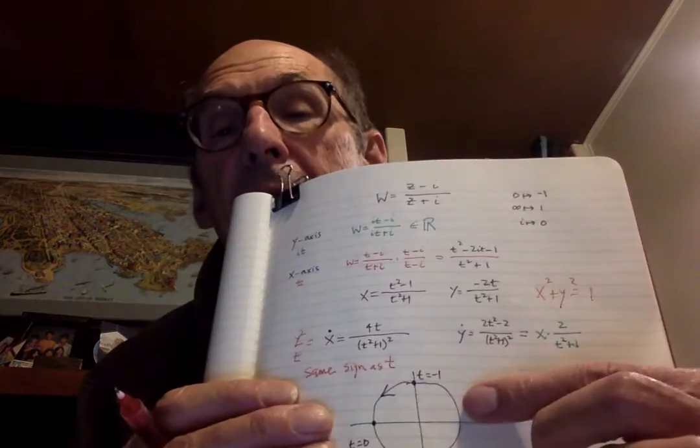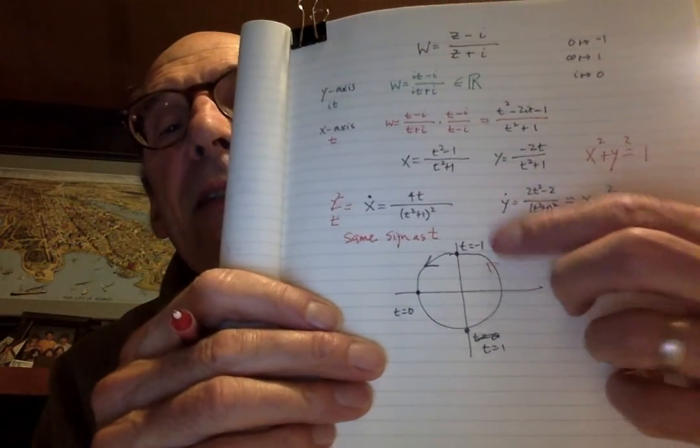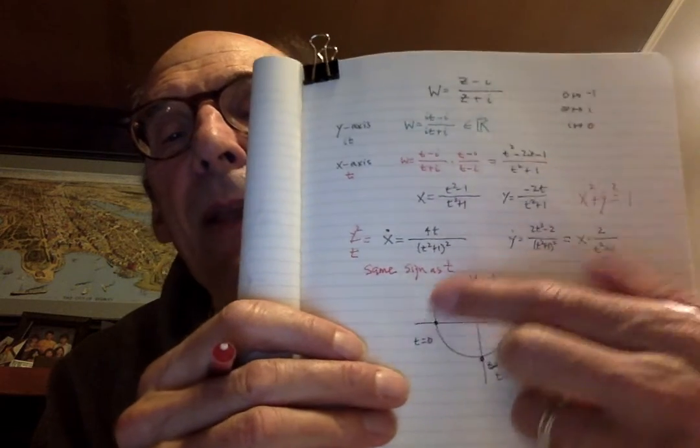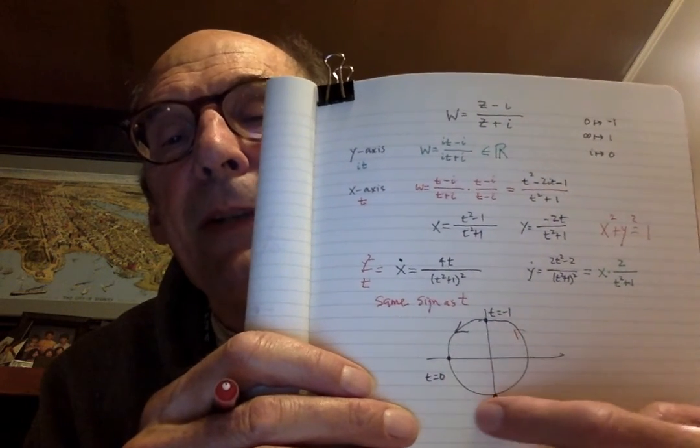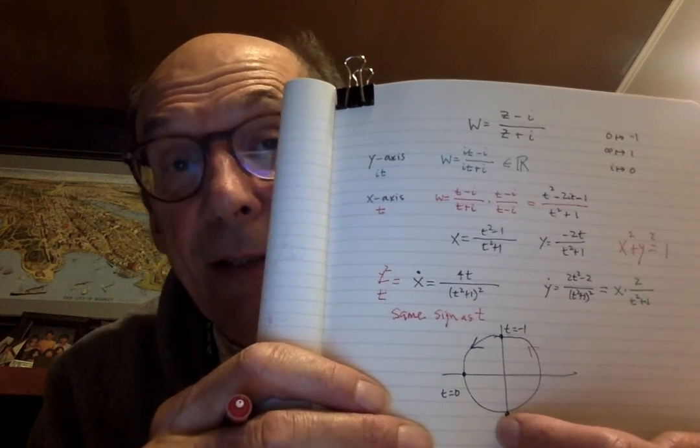The next one to the right, we have that x is decreasing because t is still negative, and y is now the same sign as x. But now over here, x is positive, so y is increasing. And that's what we're seeing on this arc of the circle. We've got a decreasing x and an increasing y. Come around the corner here, we're still going to have a decreasing y because x is negative. And so that brings us around the corner this way.